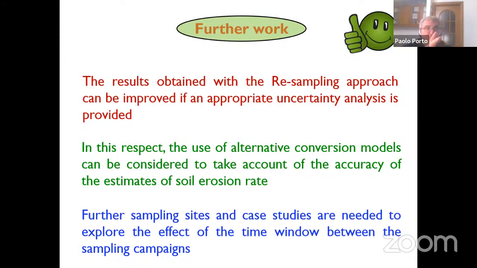When you apply the resampling approach, in theory, you should recollect the soil at the same point where you collected during the first campaign. But this is not possible because that soil was disturbed by the first sampling. So you need to move a little bit, 1, 2, 3 meters from the original sampling point.